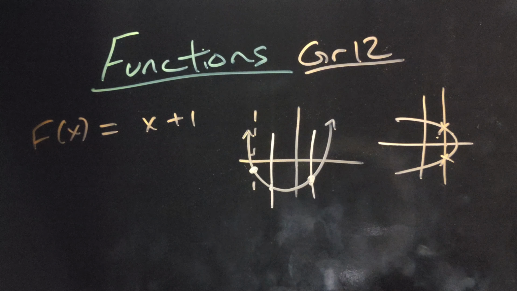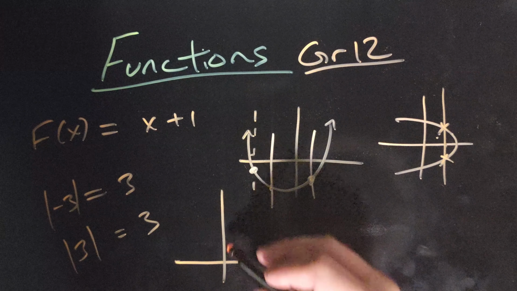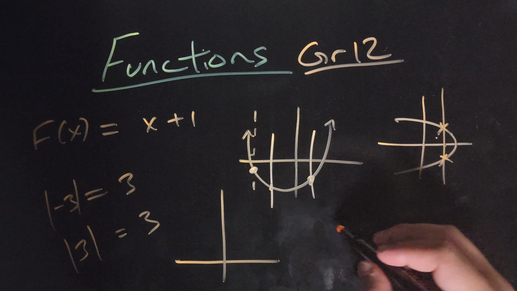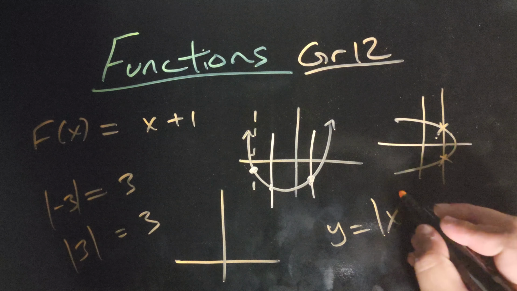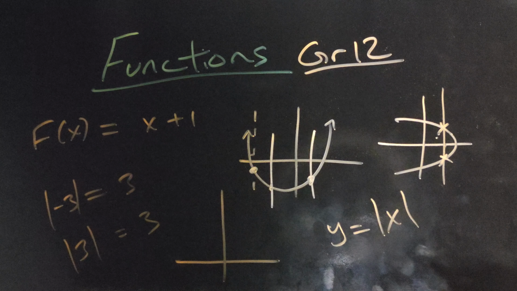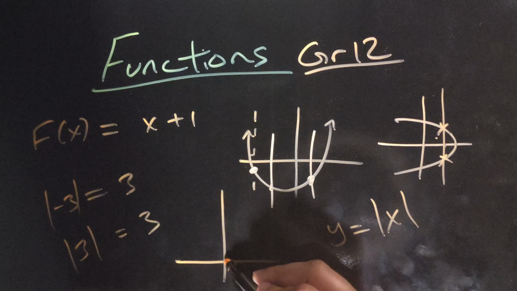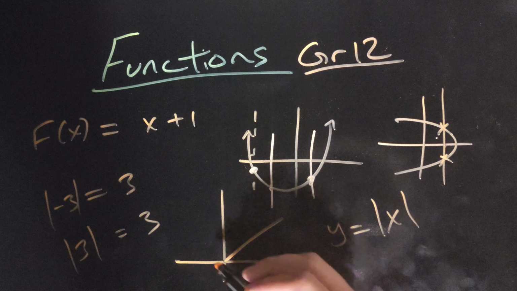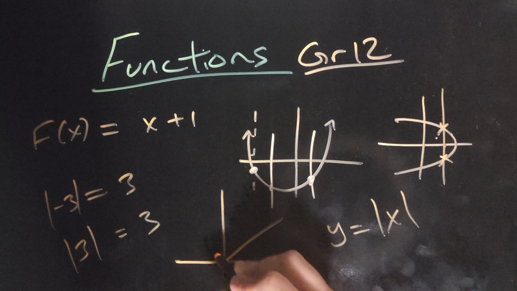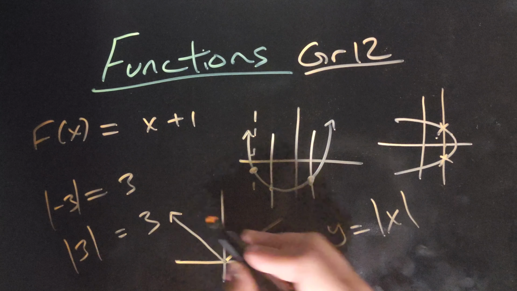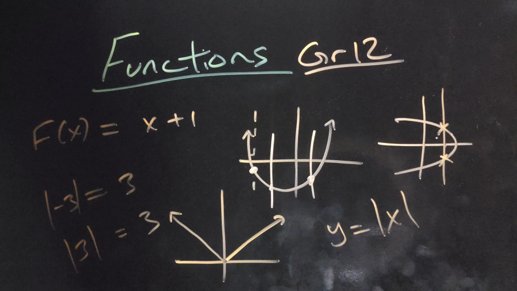So let's keep that in mind and remember the function y equals the absolute value of x. y equals x is this, but the absolute value will not be negative, it will also be positive. That is our absolute function. We have to remember that.